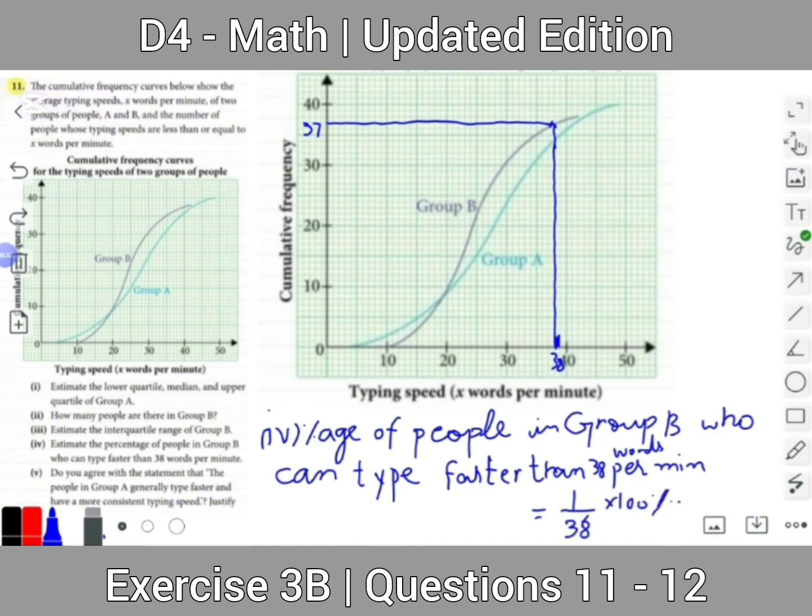Now after simplification, we will get 2.63%. So 2.63% of people in group B can type faster than 38 words per minute.